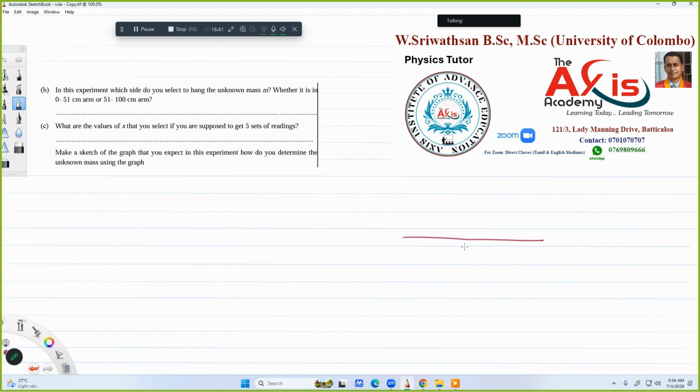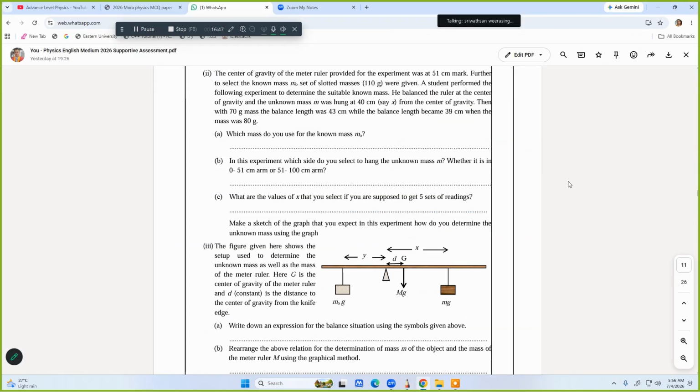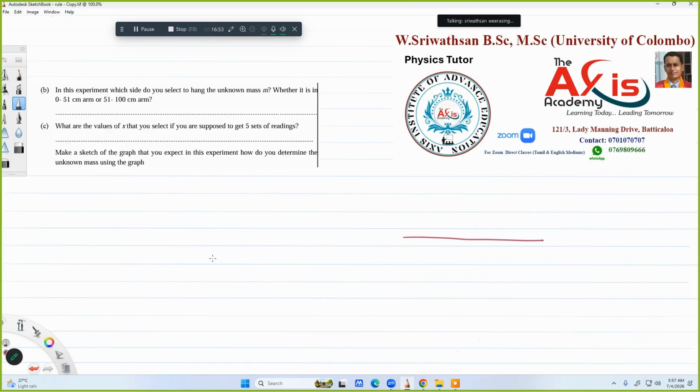The unknown mass is actually hanged according to the previous one. What is the question in this experiment? Which side do you select to hang the unknown mass M?